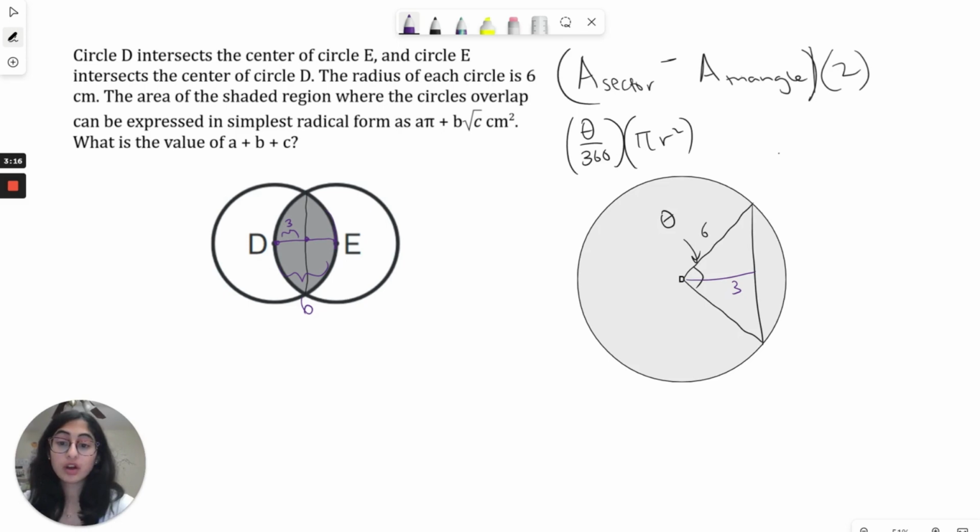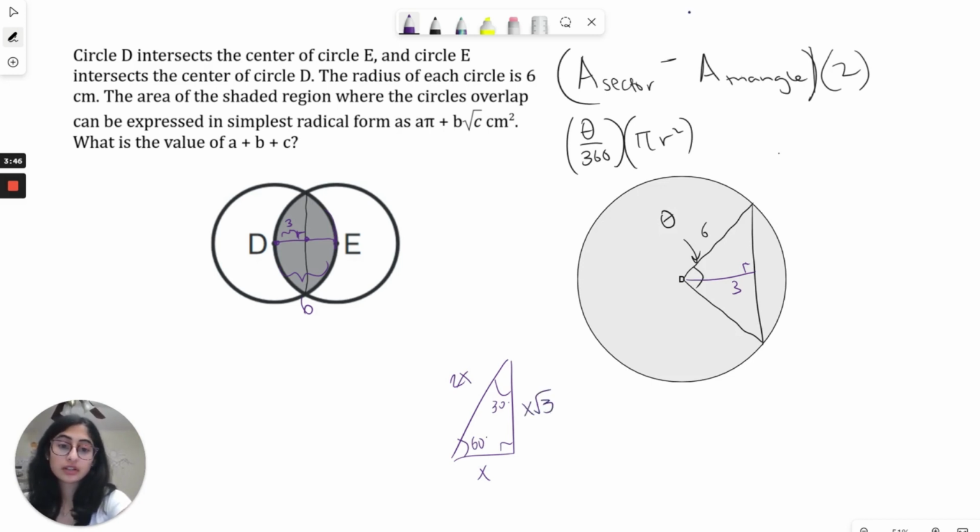Another thing we know is that the intersection between that radius and the line we've drawn that goes halfway through the shaded region forms a right angle. They're perpendicular. And if this is a right triangle, we know there's a type of special right triangle where the side opposite the 30-degree angle is x, the hypotenuse, the side opposite the 90-degree angle, is 2x, and the side opposite the 60-degree angle is x root 3.